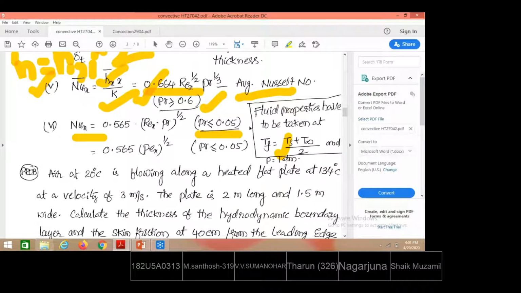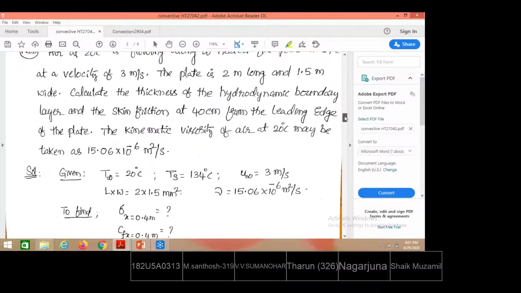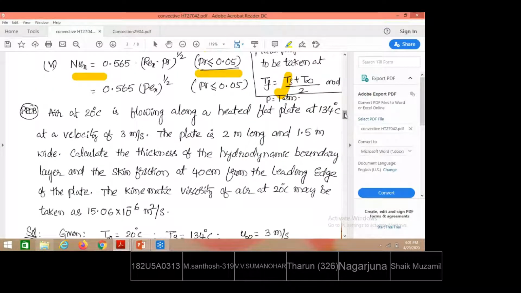Now, assuming that these relations are known to us, and by looking into the data book, let us see how to work out a problem. Air at 20 degrees centigrade is the fluid considered here.